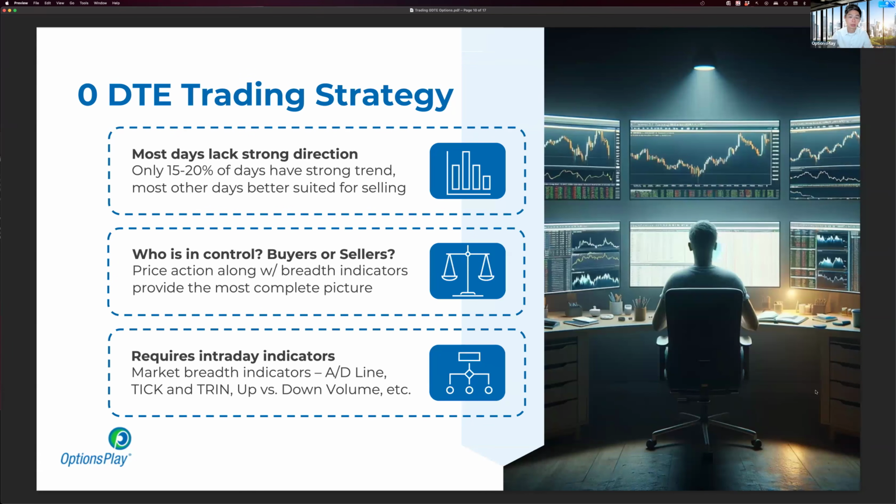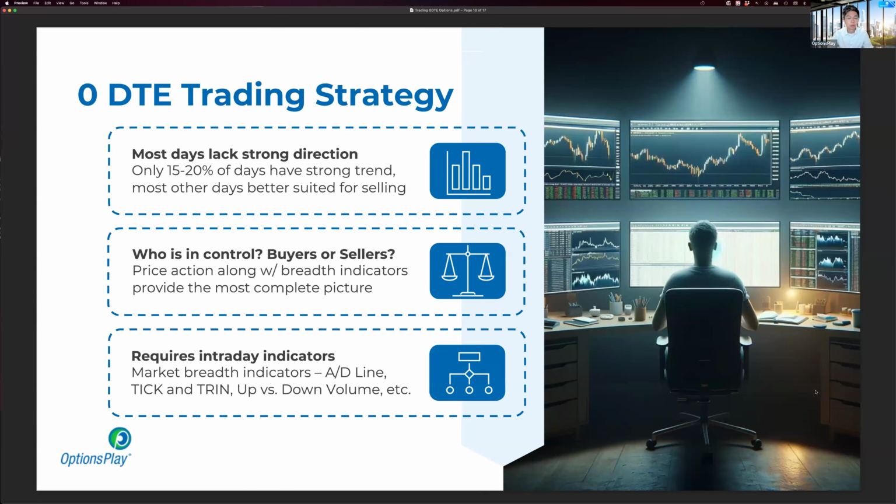But the S&P and the NASDAQ 100 have about a 95% correlation between the two products, and that's over 10 years. They have different volatilities. NASDAQ 100 is obviously more volatile than the S&P 500, but they are very, very highly correlated. So when it comes to trading the two products, the strategy is quite similar.